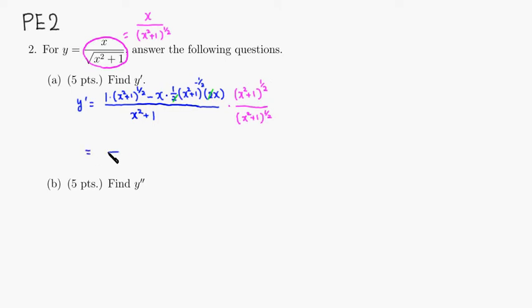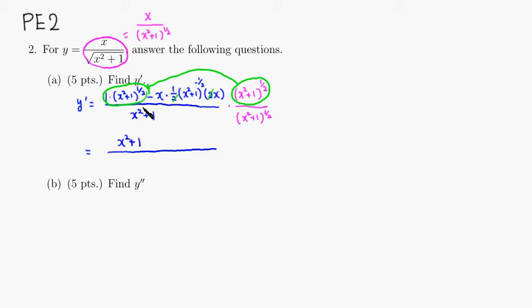If you do that, you're going to get this. If you distribute this guy to the first term, you can see that it's the square root of x squared plus 1 times itself. So the square root is gone, and you would just get x squared plus 1.